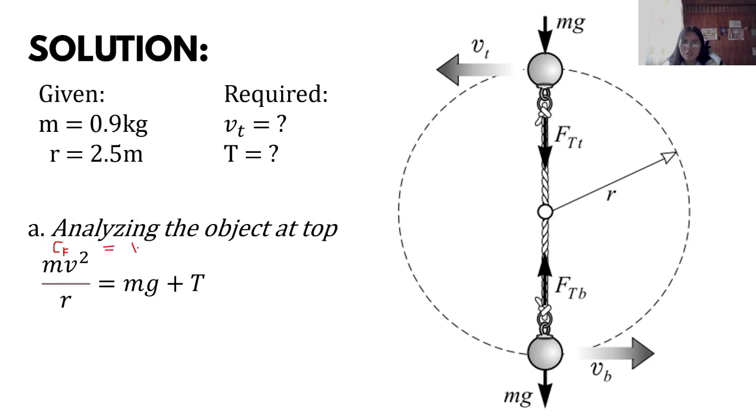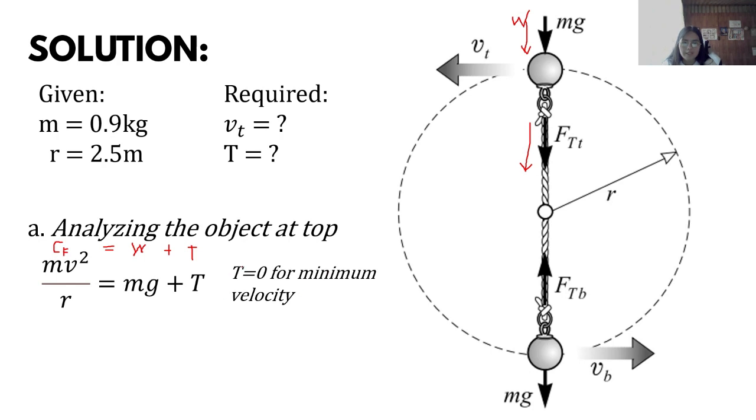Yung mg, yan yung weight. And then, yung tension natin ay yung tension. Ito yung weight. Okay? Yan siya. Kaya, naging ganito yung formula. Ngayon, hinahanap ang minimum velocity.